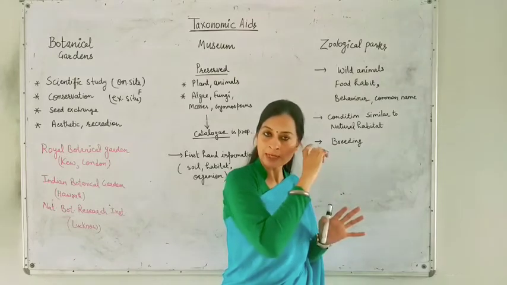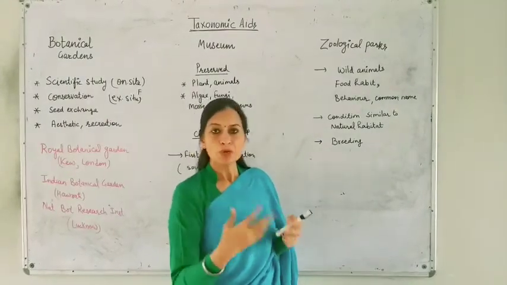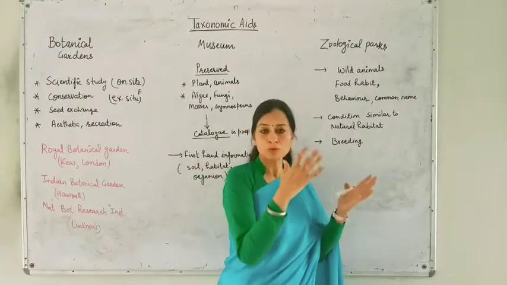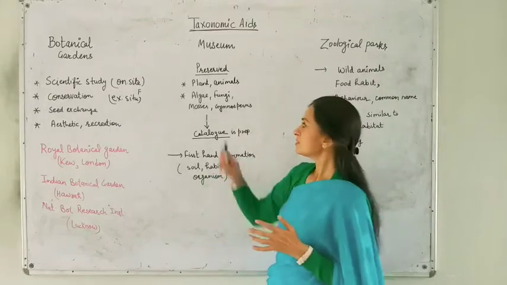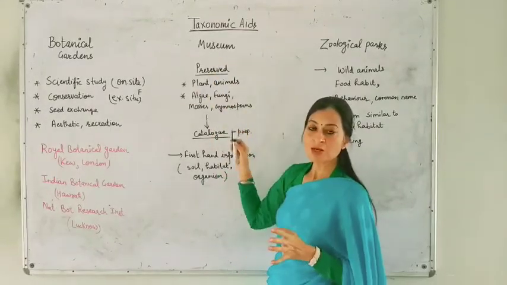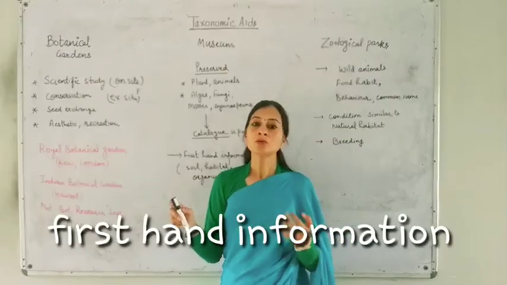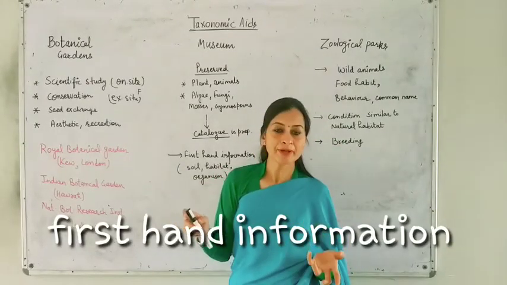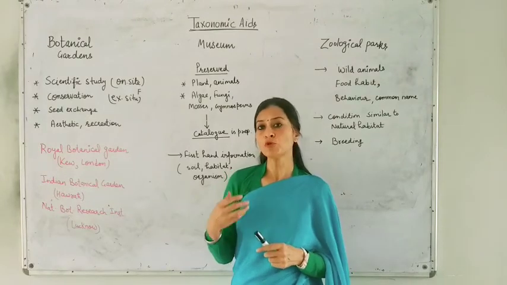They are correctly identified and labeled with their common name, scientific name, and whatever information the museum provides. All these specimens serve as first-hand information to find out the type of soil, the type of habitat, and the features of an organism that you want to find out.